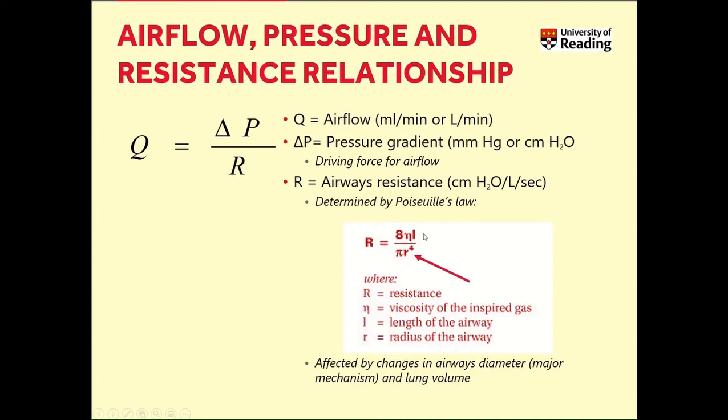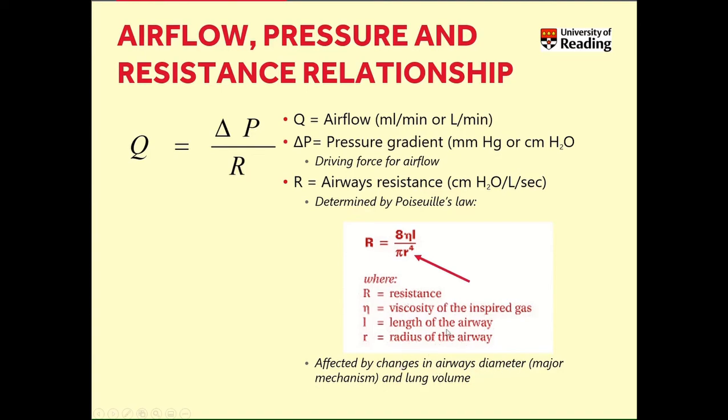Poiseuille's law, which you don't have to remember actually, but is here for you to understand more how resistance, viscosity of the inspired gas, length of the airways, and radius of the airways can impact on the airflow. And as you can understand, obviously, the resistance is affected by changes in the airway's diameter.